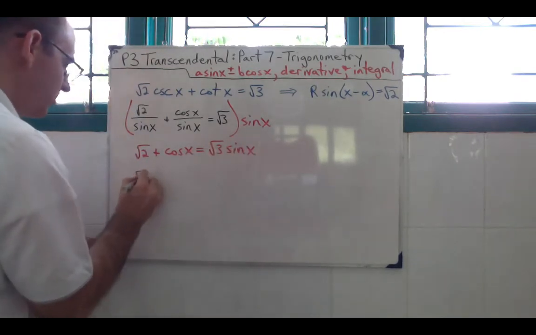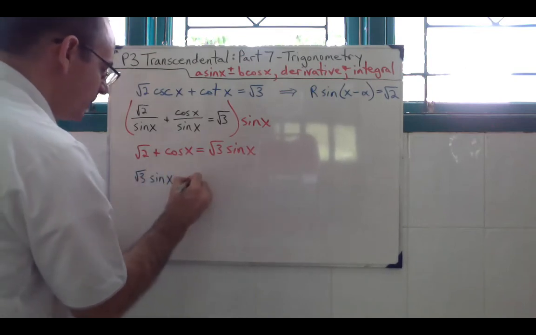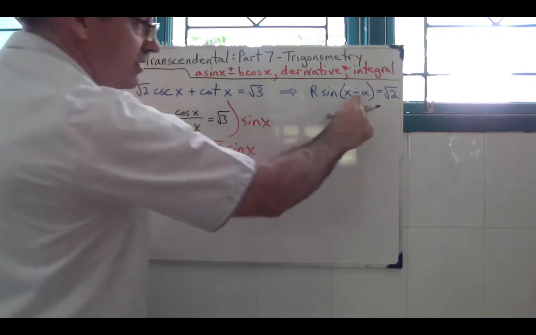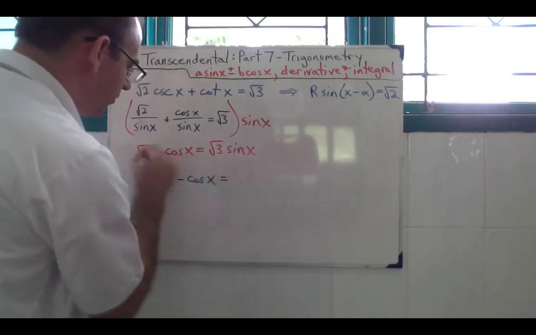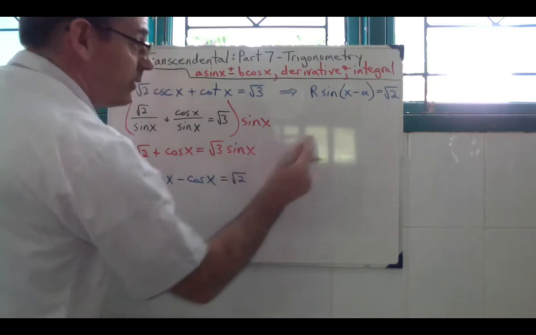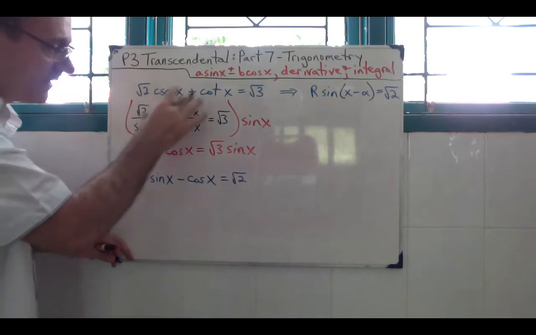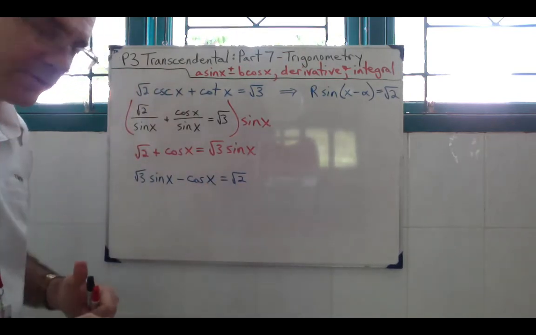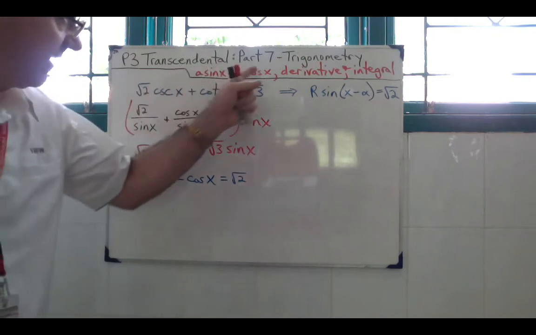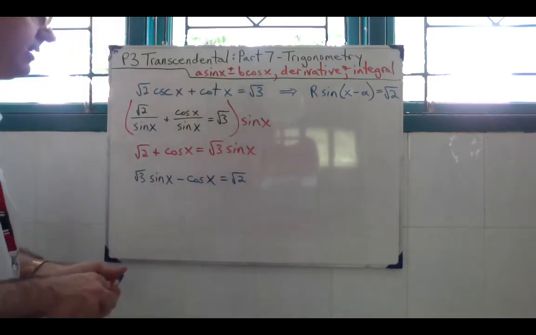So that's root 3 sine x minus the cosine x, that's what's going to give us the minus here, and then equals the root 2, and we can see the root 2 already right there. So now after we've done that little bit of rearranging with our reciprocal functions, we have it in the proper form so that we can now do this part here.